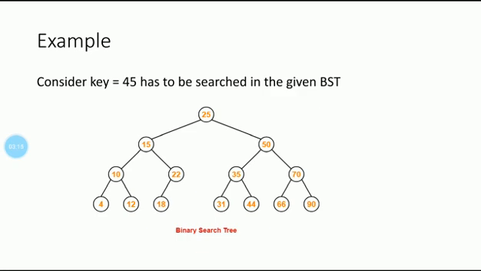As 45 is greater than 35, the searching process will continue in the 35's right subtree. And as 45 is greater than 44, searching will continue in the 44's right subtree, but 44 does not have any children, so we conclude that 45 is not present in the binary search tree. In this way, the searching process continues.